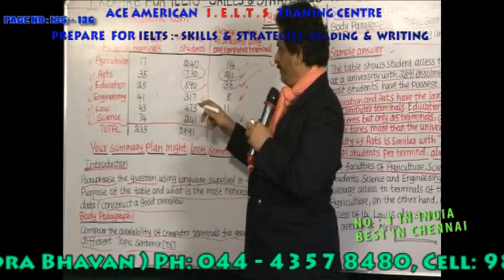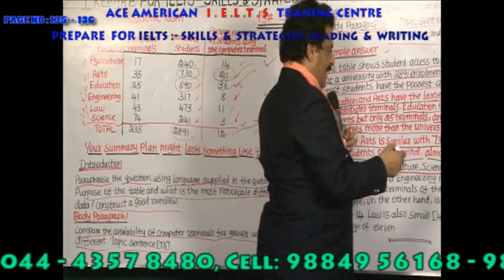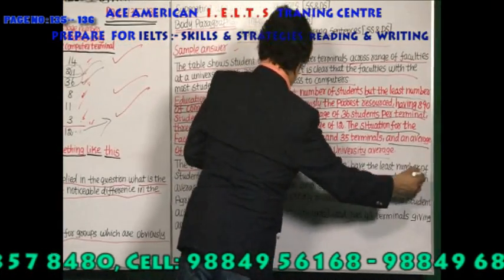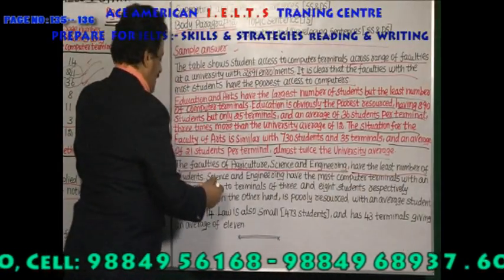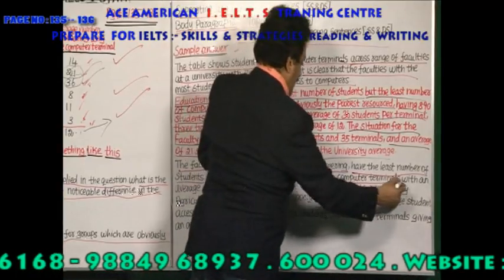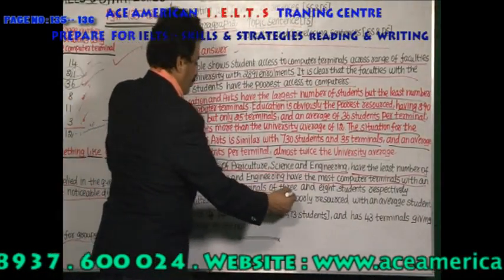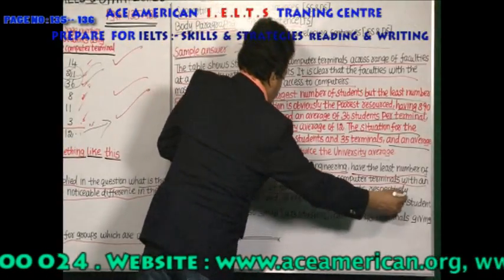Science and Engineering have the most computer terminals, with an average access to terminals of 3 and 8 students respectively. Agriculture, on the other hand, is poorly resourced with an average student access of 14.